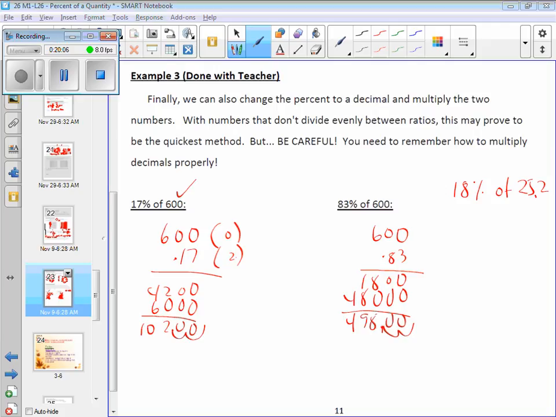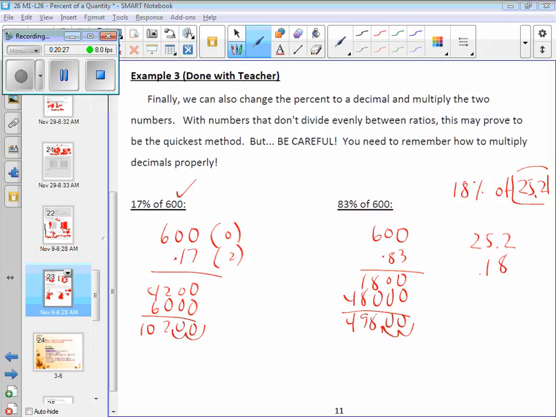If you try to do this as a TRF, it is cumbersome. It's going to be a lot of work. But if I take the digits, 25.2, and I multiply that by 0.18, and I multiply correctly, I'll get that.